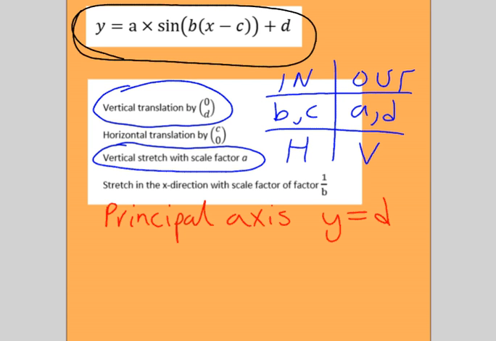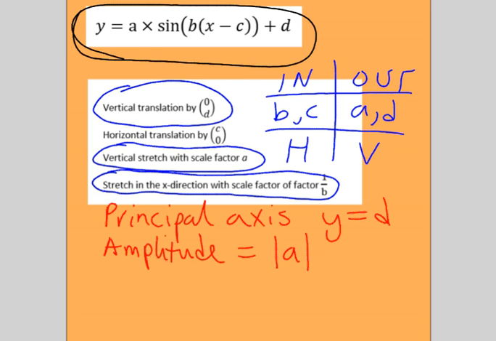And the vertical stretch gives us a formula for the amplitude, which is the absolute value of a. And this one gives us an equation for the period, because the period, which was 2 pi, has been scaled by a factor of 1 over b.